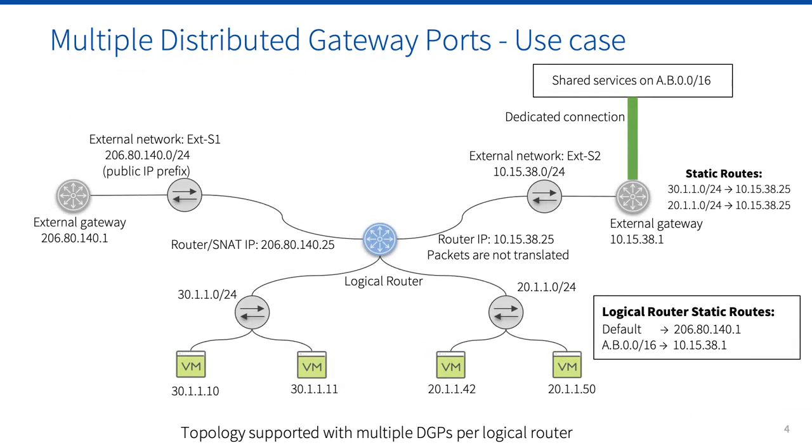Let's look at how we can use multiple distributed gateway ports. Consider the following scenario where a logical router has two overlay logical switches, 20.1.10/24 and 30.1.10/24, that VMs are connected to.